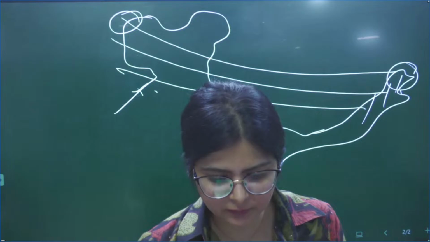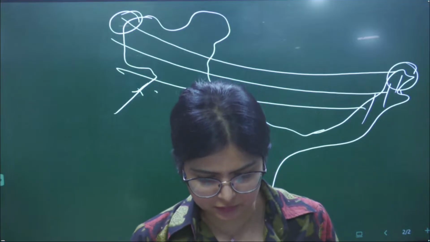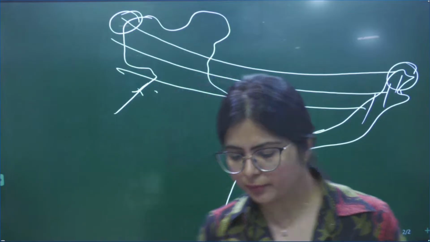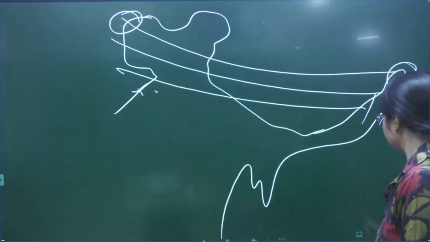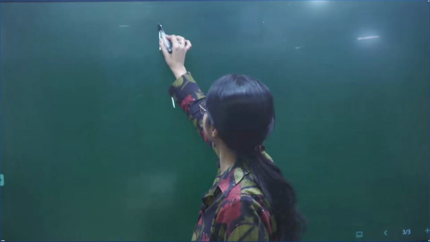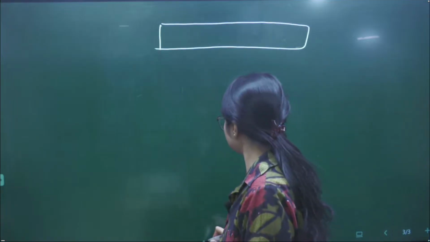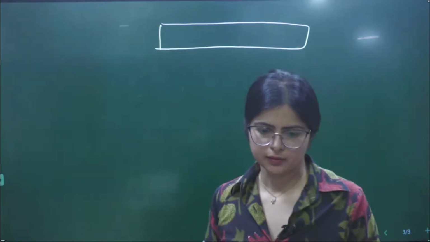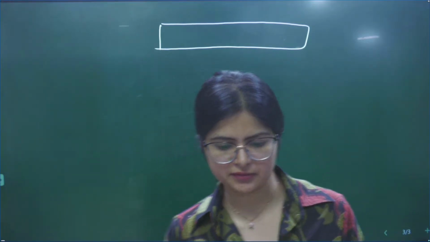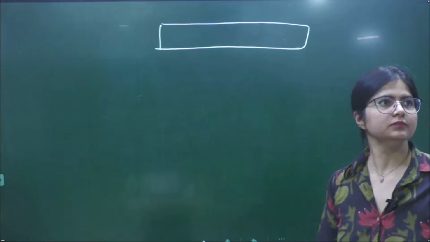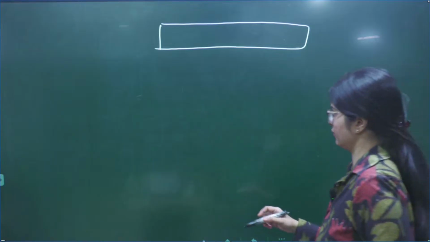So first of all, write down a box, make a flow chart like that before this, so you should have a clear understanding. Make a flow chart: Parallel ranges of Himalayas.